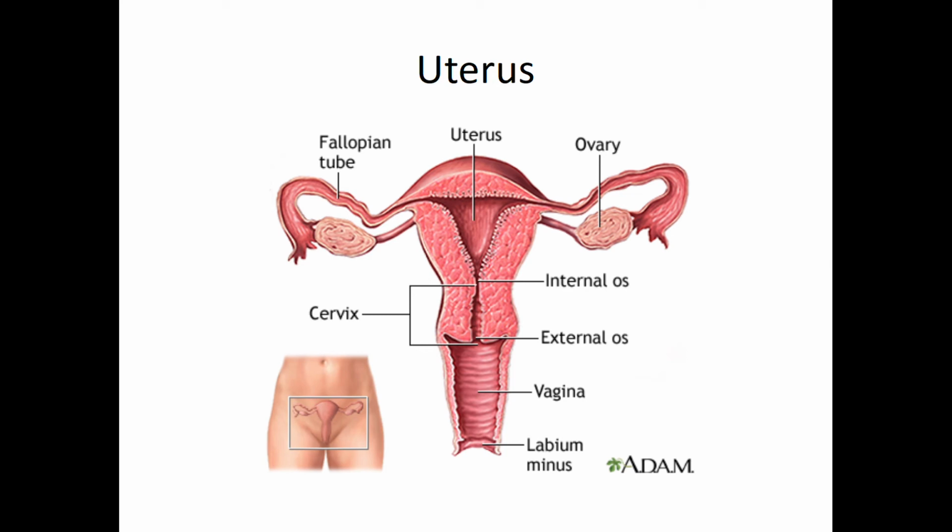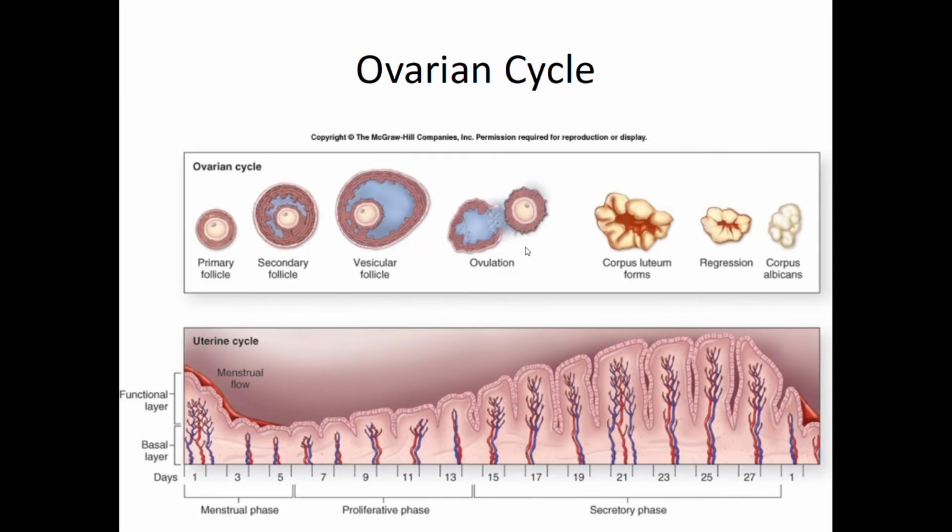So we push out the uterine lining there, and this activates, of course, the same muscles that labor does. That's what cramps are.